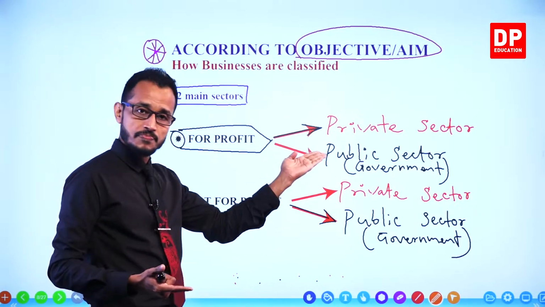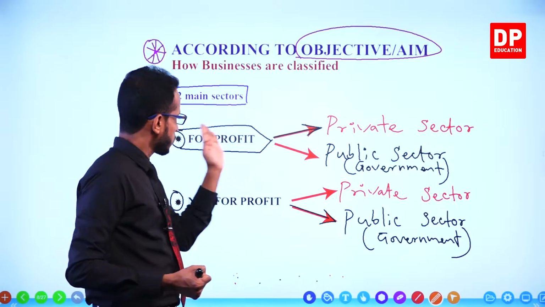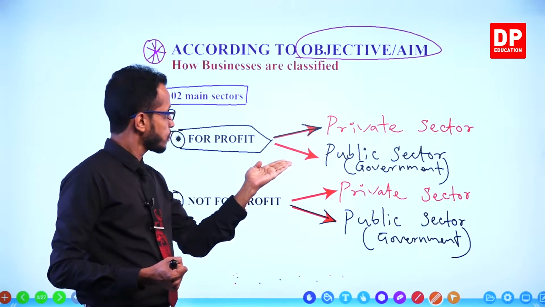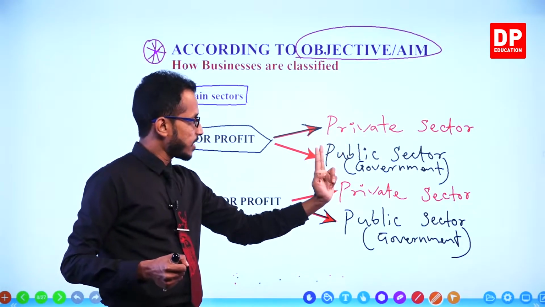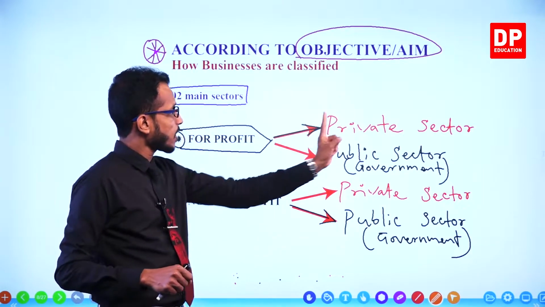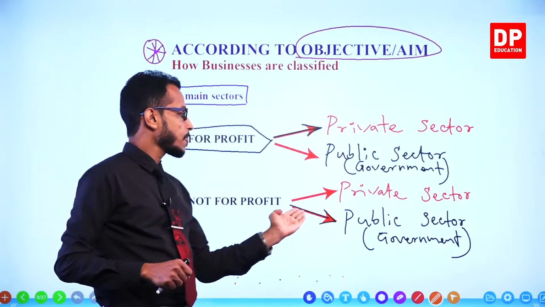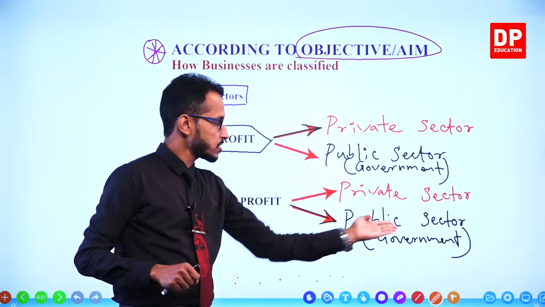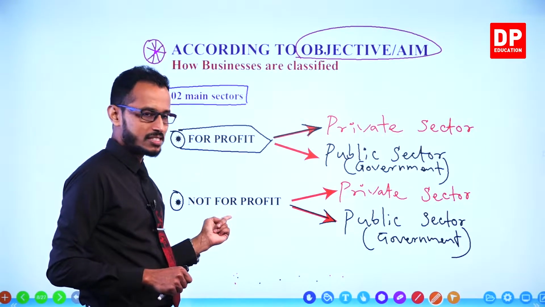They exist in the private sector and in the public sector. Most of the private sector businesses are for-profit, and most of the public sector businesses, government businesses, are not for-profit.